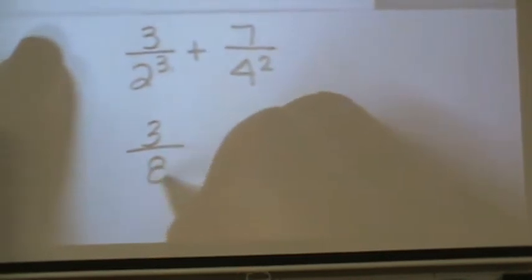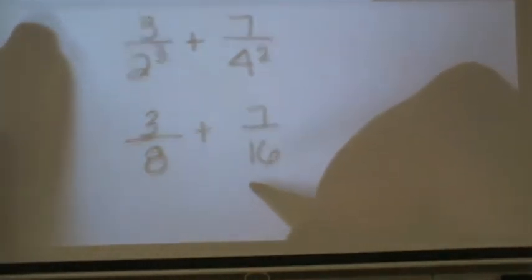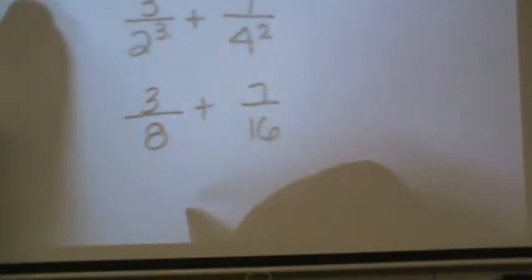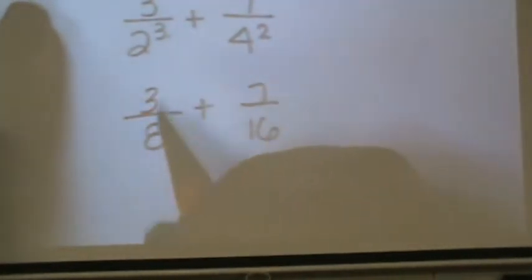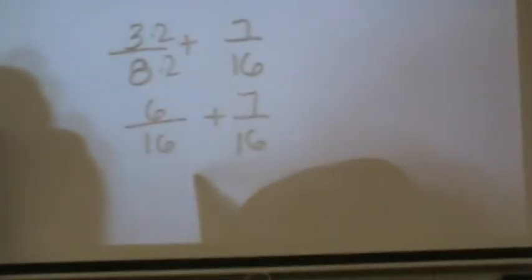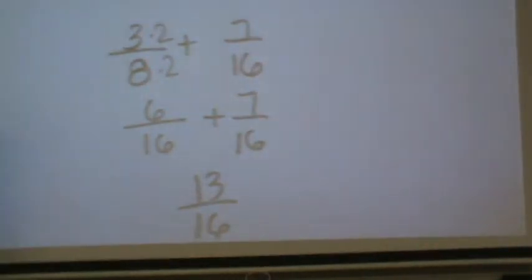What's another name for 2 cubed and 4 squared? 8 is 2 cubed. And 16 is 4 squared. Now I need a common denominator, so what do I need to do to this fraction? Multiply by 2. Good job, so you guys are sounding like you remember your rules. And now what's my final answer? 13 over 16, beautiful.